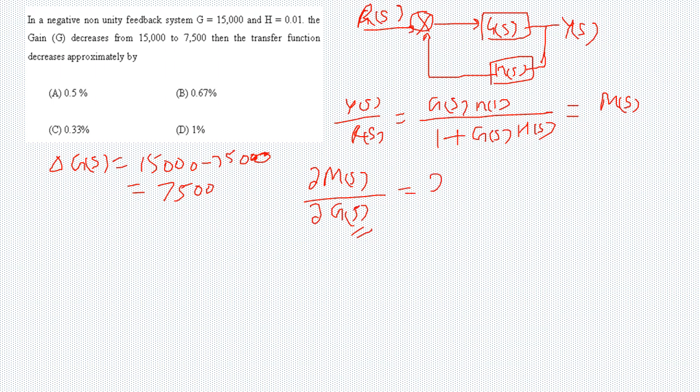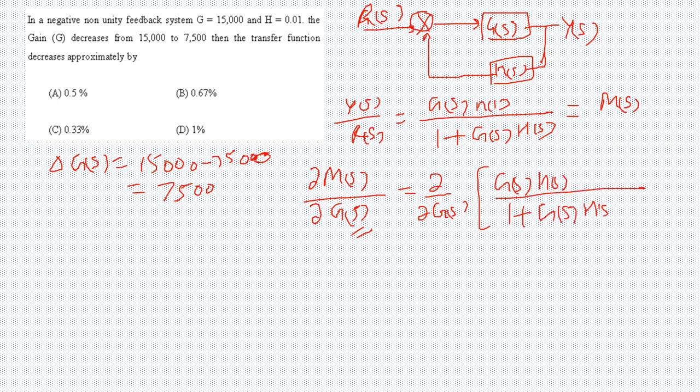We know that the transfer function is G(s)H(s) over 1 plus G(s)H(s). We apply the quotient rule of derivatives, remembering that H(s) is constant.